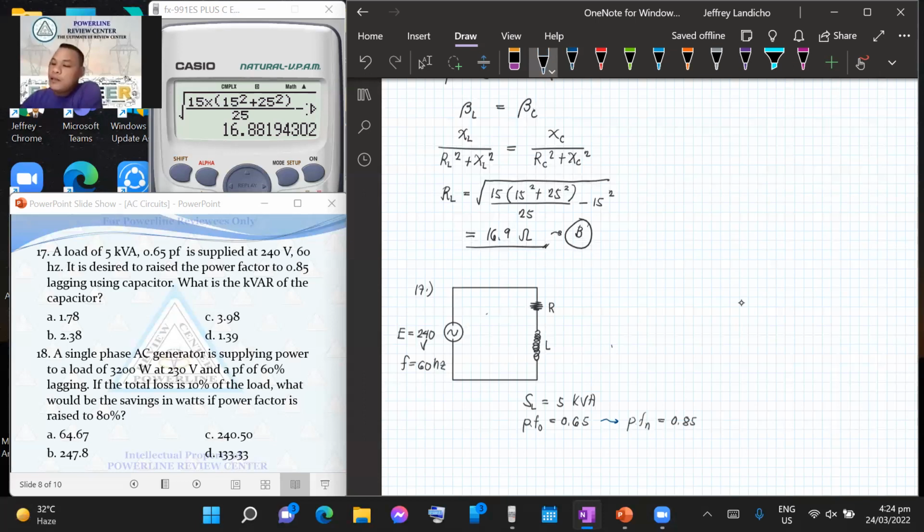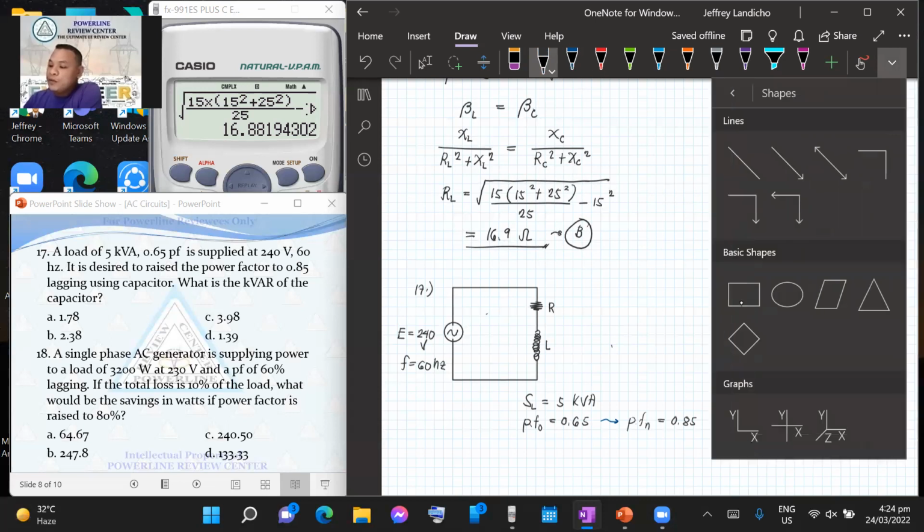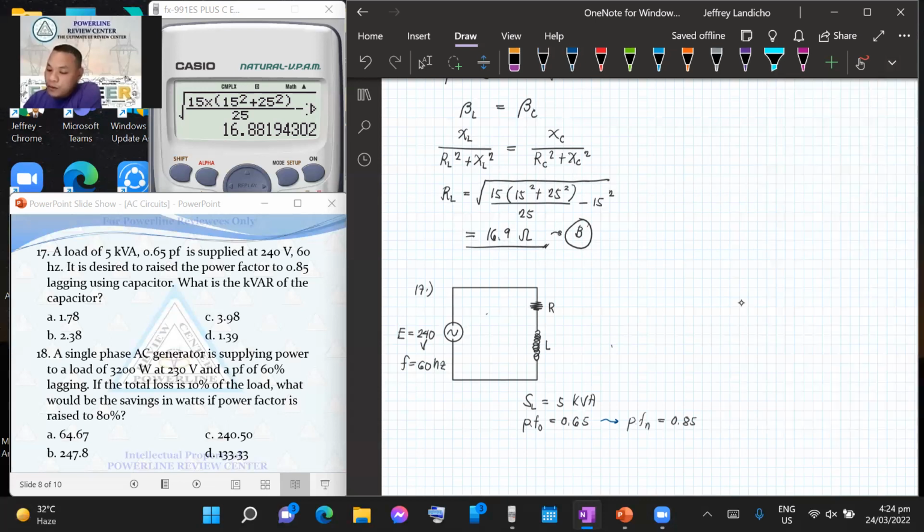So, in this case, based sa problem, in order to increase the power factor, so ang ginamit natin, yung tinatawag natin using capacitor bank. Kapag sinabi natin capacitor bank, that is a purely capacitance connected in parallel with the given load. So, i-connect natin yung ating power factor correction.